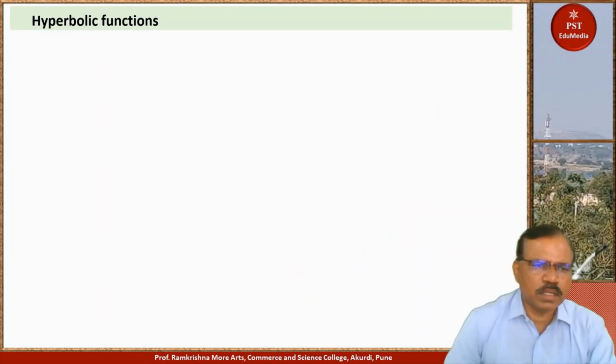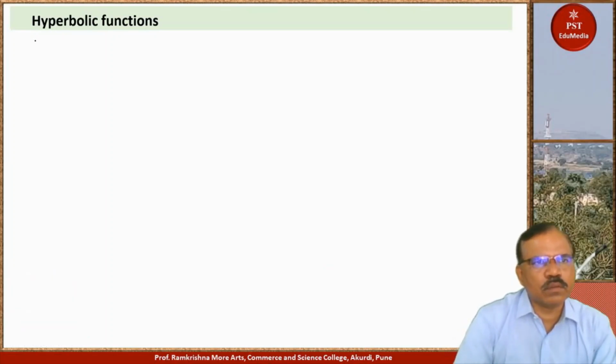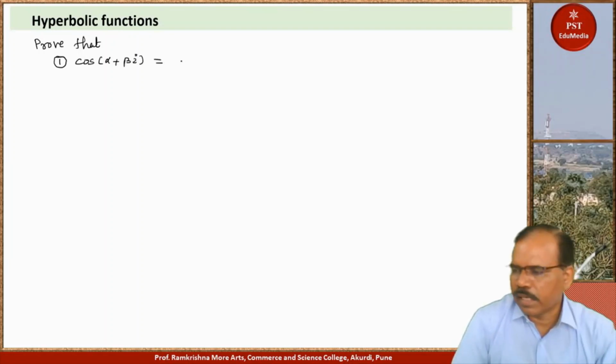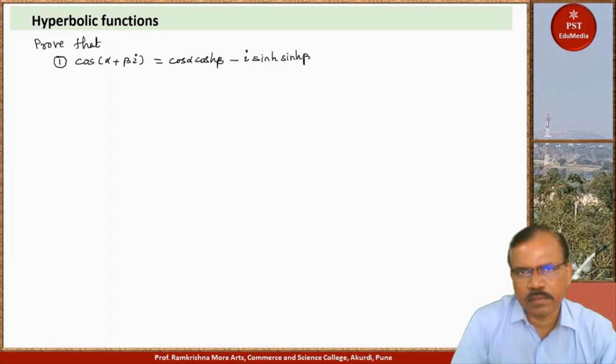Now let us go to some other identities or other examples. Suppose we prove that cos of alpha plus beta I is equal to cos alpha into cos hyperbolic beta minus I times sin alpha into sin hyperbolic beta.